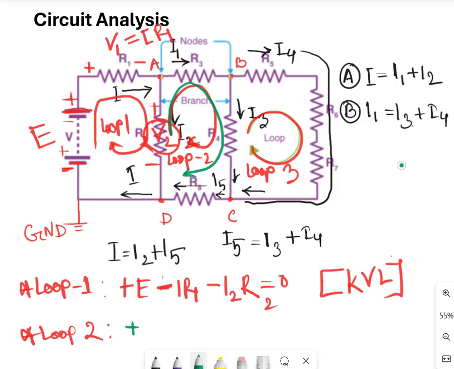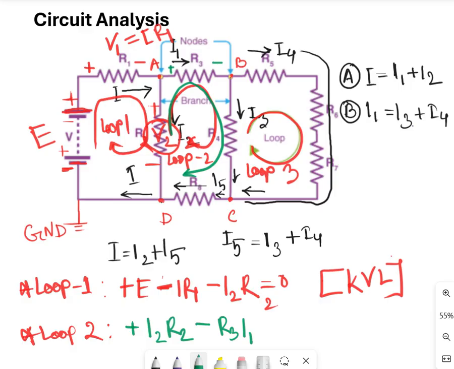And what does V2 mean? V2 is nothing but I2 and R2. Now R3. Let's say this is positive and this is negative, so it will be negative. The current is I1 and the resistor is R3, so R3 and I1.